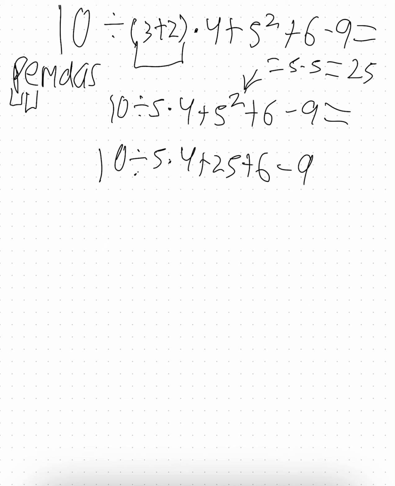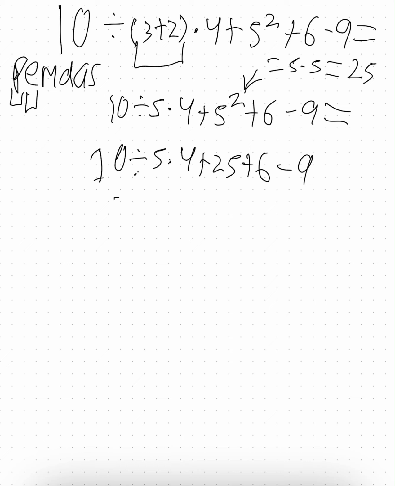Then we have to do multiplication and division. So we will move pretty much left to right now. What is 10 divided by 5? How many times does 5 go into 10? If we do 5 times 2, that'll get us back to our 10.